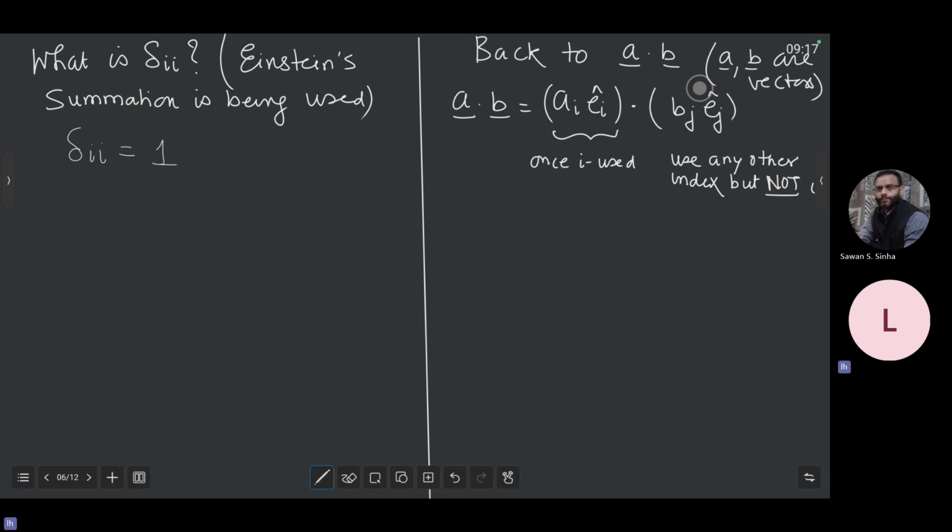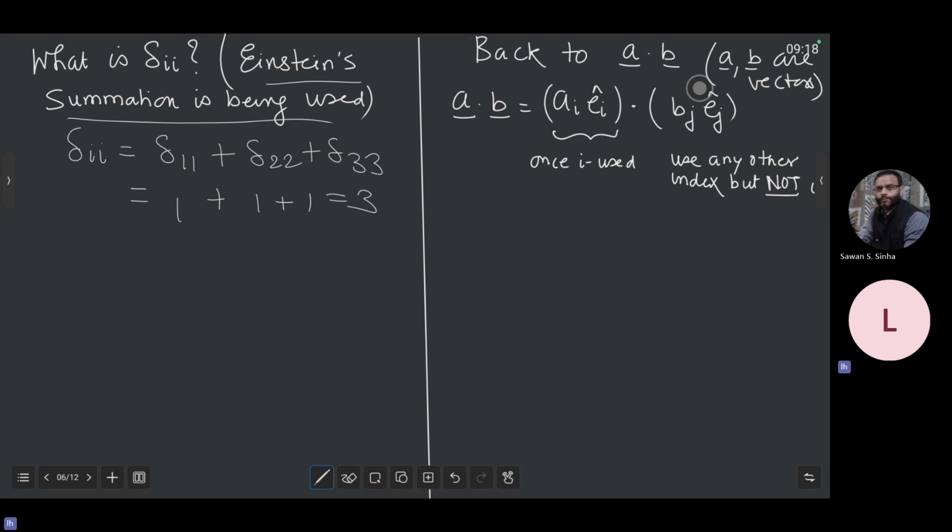How many of you do not agree with this? If you do not agree, what's wrong with this? It will be 3. Why? Because Einstein's summation is implied. So for delta_ii, you should first honor this rule, and according to that, it is actually this: i being allowed to take its value over the full range and being added, and that becomes 3.